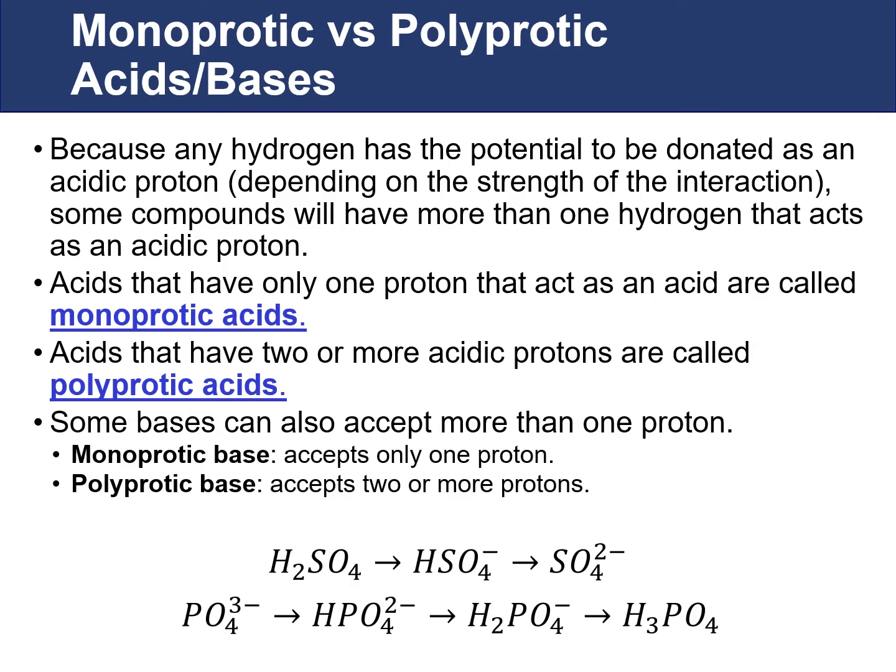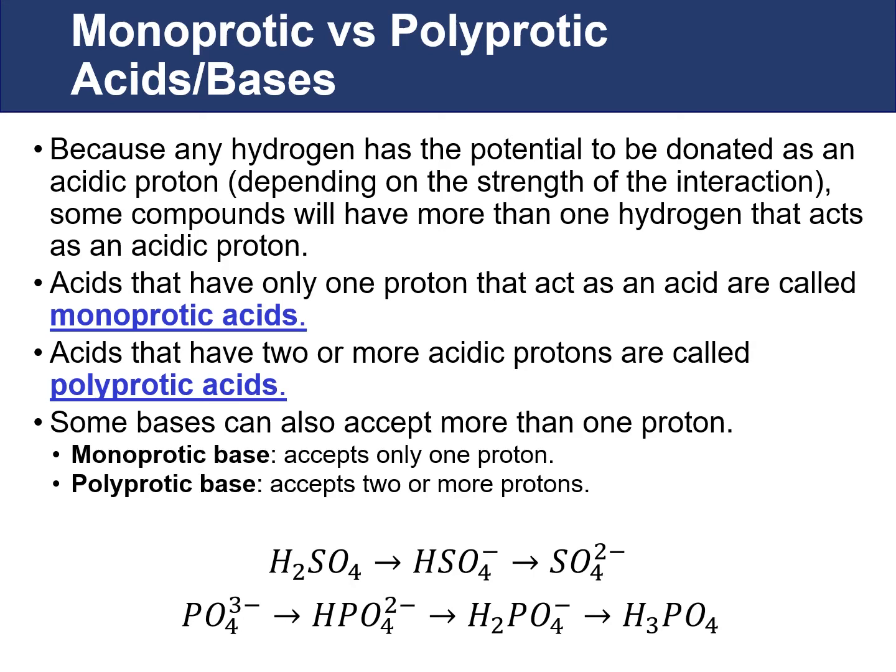Mono meaning one. So a monoprotic acid is one that only has a single proton that can reasonably act as an acid. For those molecules that have two or more protons that can be donated, they are called polyprotic acids. Poly meaning many. So a polyprotic acid is one that can donate 2 or more acidic protons.